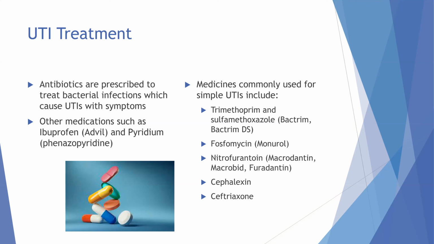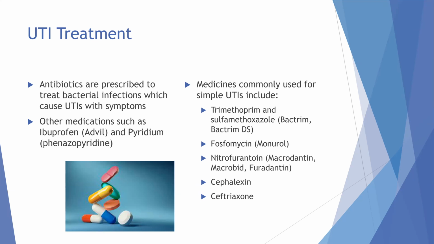If a UTI is confirmed, then antibiotic treatment should be started immediately. I listed on this page some medications that are commonly used for UTIs, like Bactrim, cephalexin. Some of these are just more common ones.